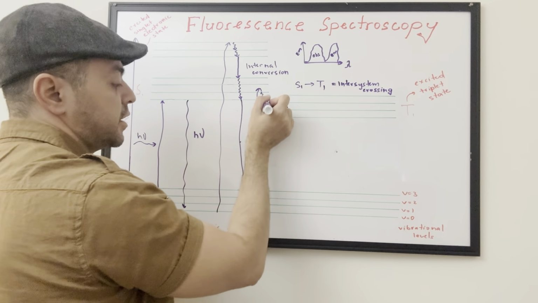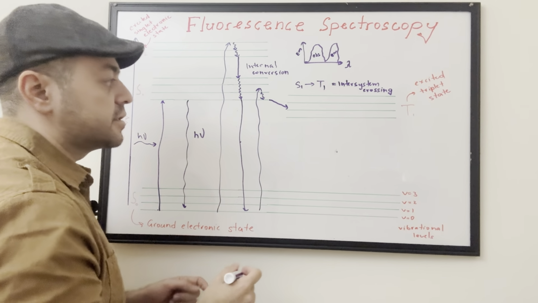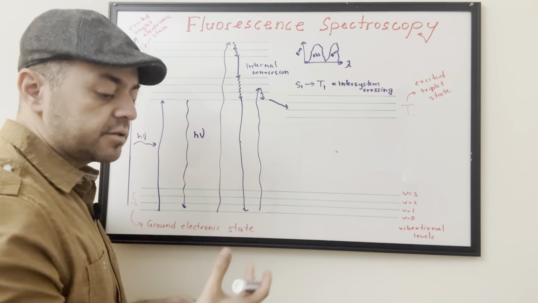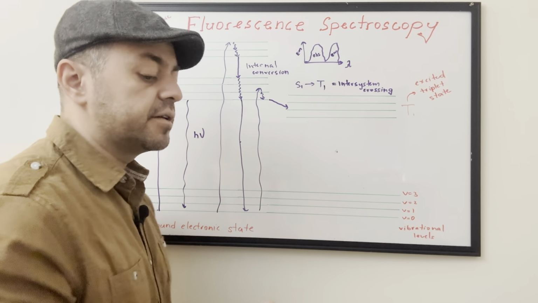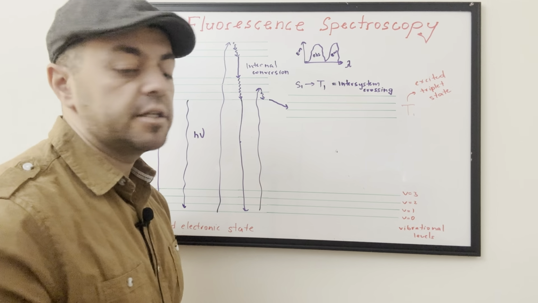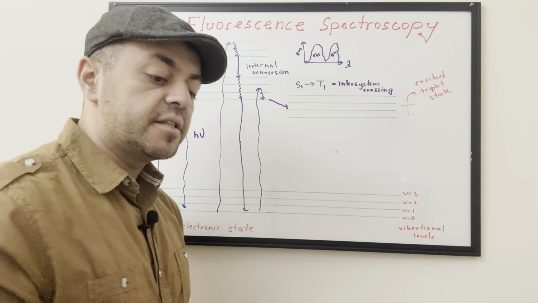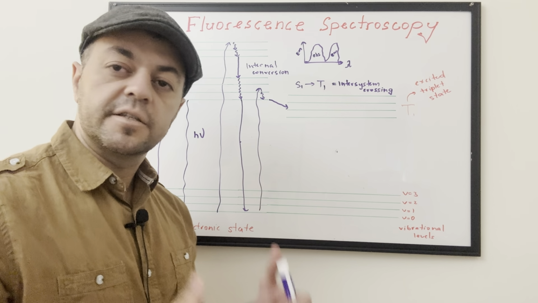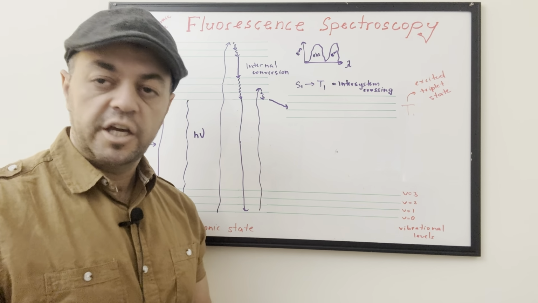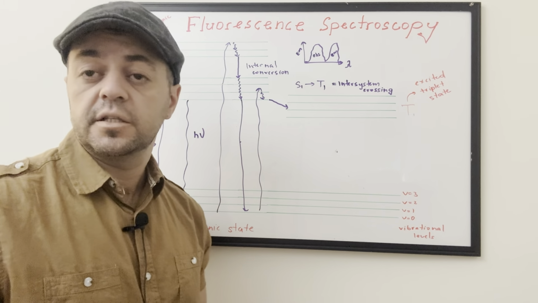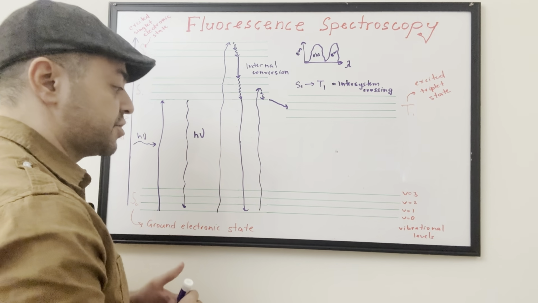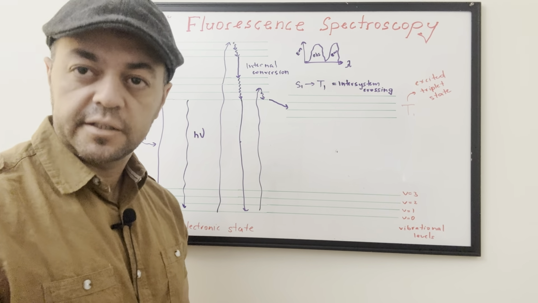Instead of going down and emitting fluorescence, some electrons may take a different path. So what happens during intersystem crossing? It is spin forbidden. The spin of the electron changes, and you have probably seen it in general chemistry or organic chemistry. What's the difference between singlet and triplet?